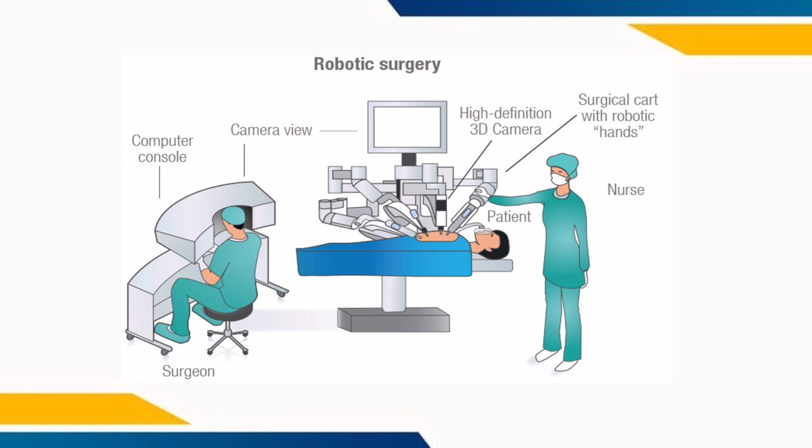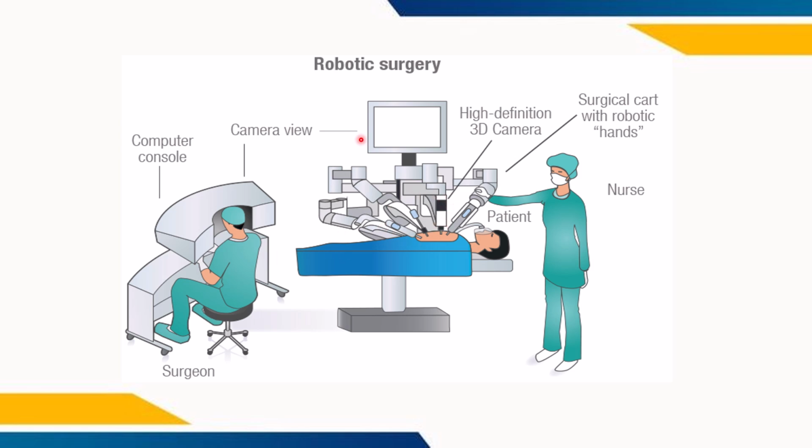Here is the slide showing how RAS goes on in the operation theatre. First is the computer console, from where the surgeon sits and controls the four robotic arms by foot pedals and joystick, mimicking the hand movements with greater precision and dexterity.